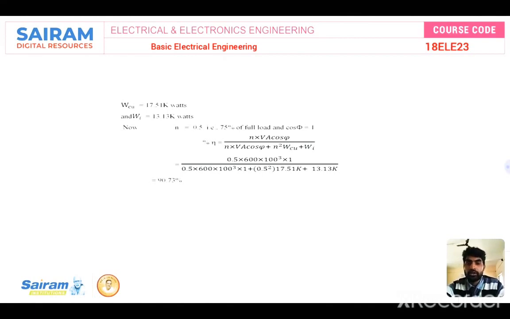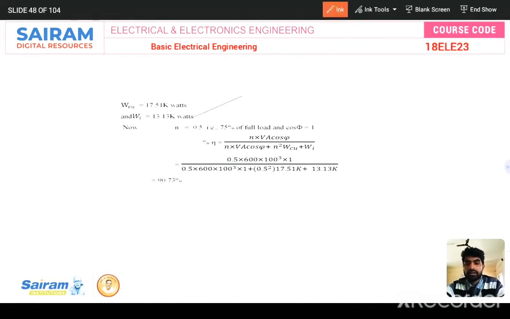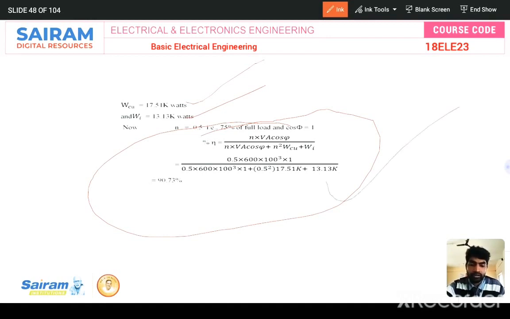So iron loss we got 13.13 kilowatts and copper loss we got 17.51 kilowatts. Now finally we need to substitute the values of iron loss and copper loss and find efficiency at half load, that is 50% of full load, and cos phi is equal to 1.